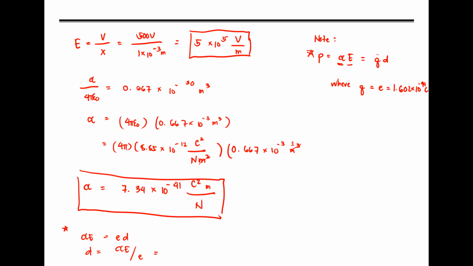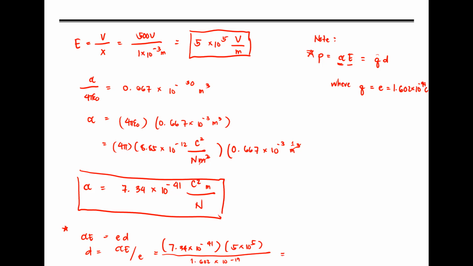Okay, so substituting, we have 7.34 times 10 to the minus 41 coulomb squared meter per Newton multiplied by the electric field, which is 5 times 10 to the 5 volts per meter divided by the proton charge, which is 1.602 times 10 to the minus 19 coulomb.